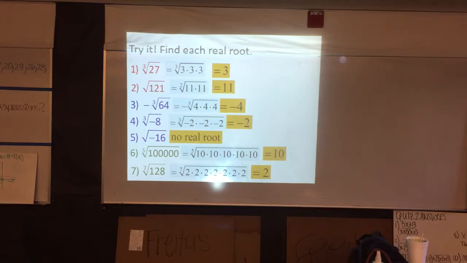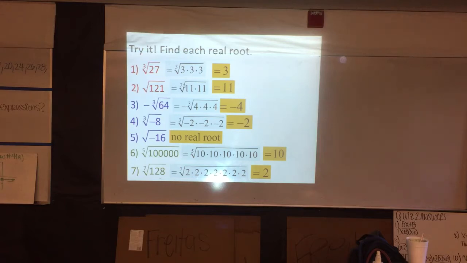There was another thing that I was thinking about. Here, when there's no index visible, like in numbers 2 and 5, the invisible index is a 2. It's implied to be a square root. And that's why when you're looking at my example here, I put the index of 2 there. And the reason we do that, why 2 is invisible for square roots, is they are very, very common.